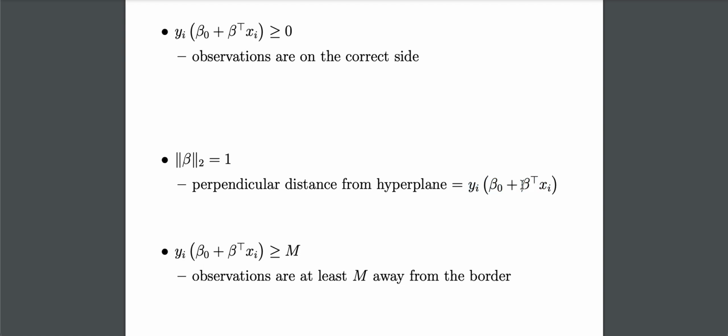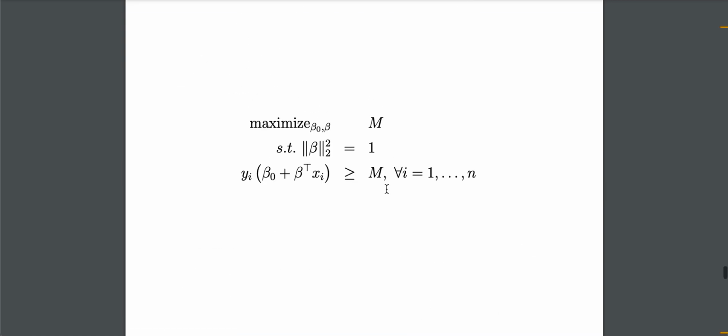Again, if this is a little bit unfamiliar, I recommend you watch the first couple of lecture videos at the beginning of this semester where we talked substantively about distances from hyperplanes. Okay. Now, when we have this M, we are saying observations are at least M away from the border, and then we say we want to maximize that. We want that minimal distance to be as large as possible.